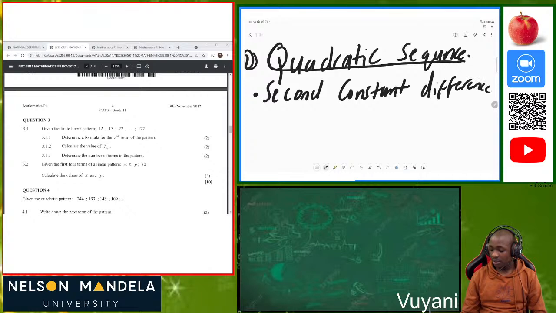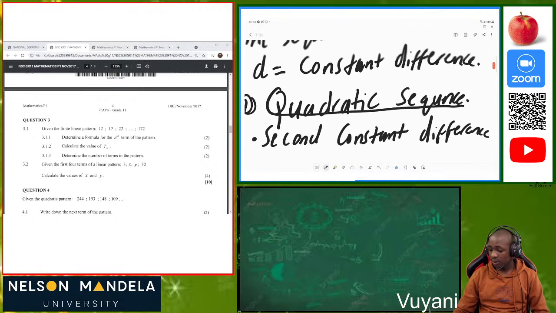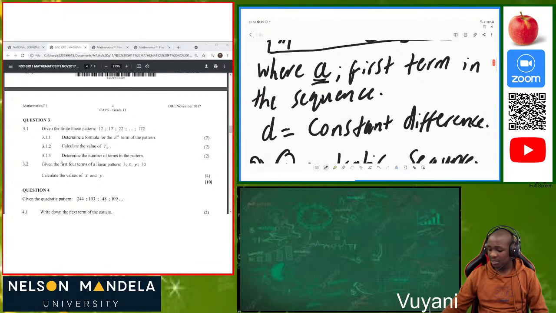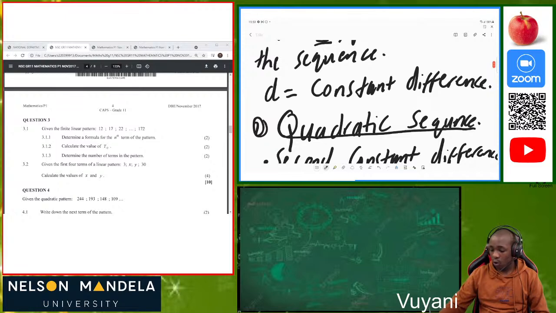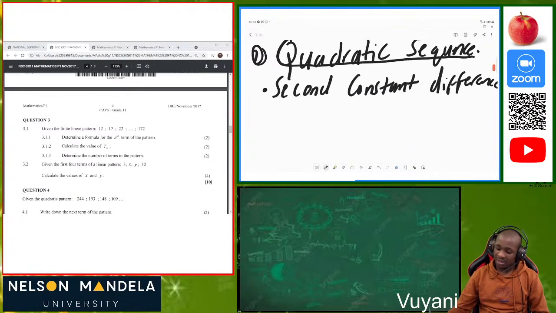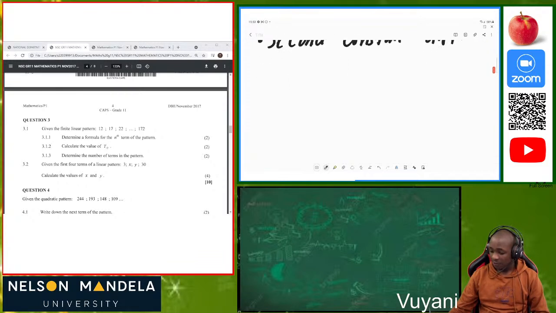That's the difference between the arithmetic and the quadratic: the first one, the linear sequence, only has the first constant difference, whilst this quadratic sequence has the second constant difference.